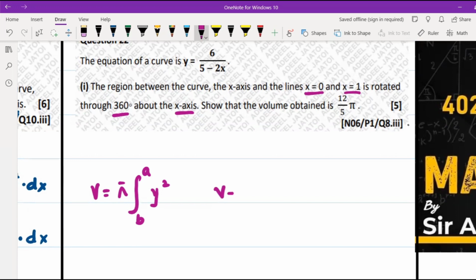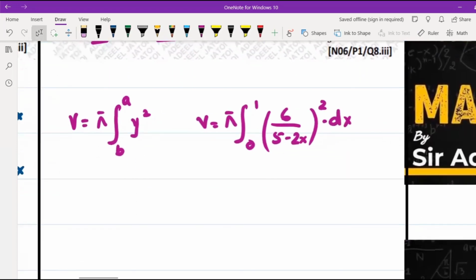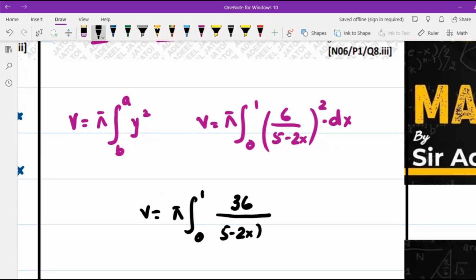So we have volume equals pi, your upper limit is 1 and your lower limit is 0, of 6 upon 5 minus 2x, whole squared dx. Since the square is applied, 6 squared will be 36, whereas 5 minus 2x will be squared.